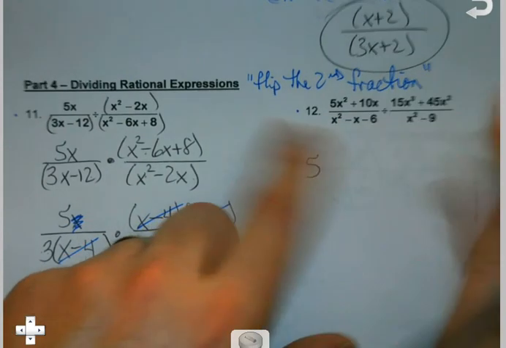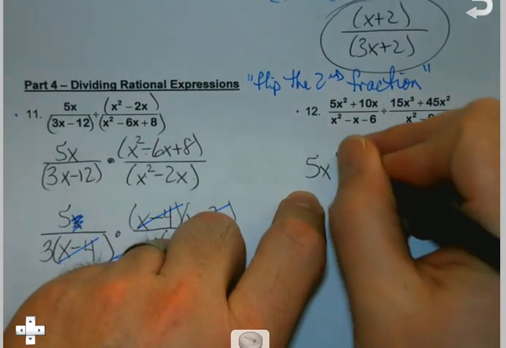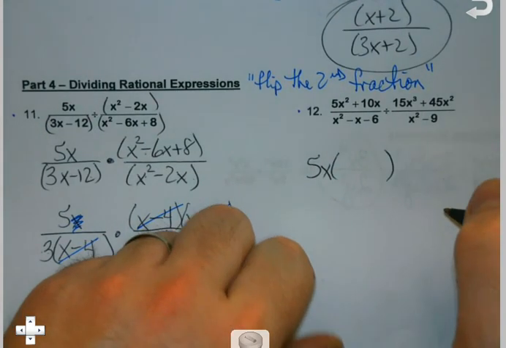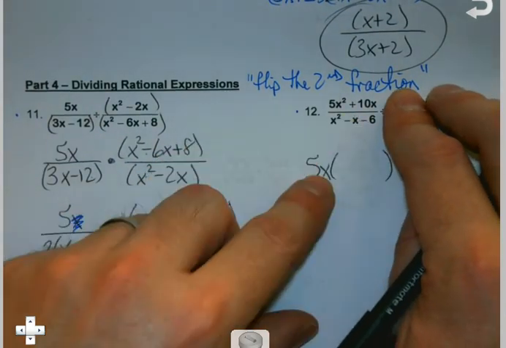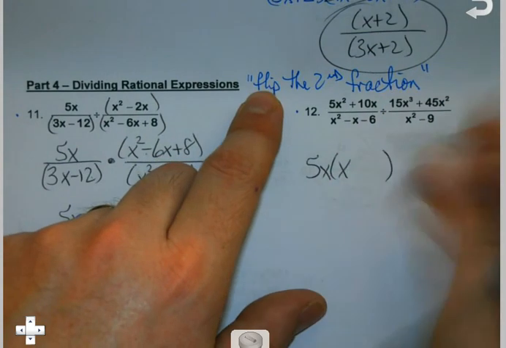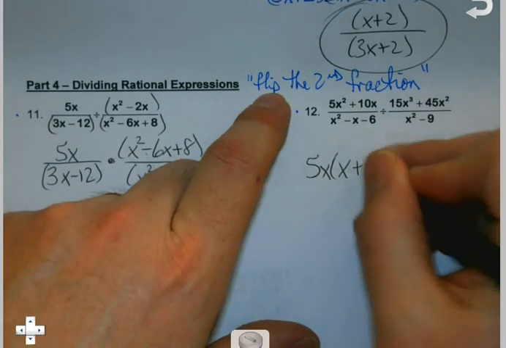I can get a 5, and I can get an x. So what's that leave me with? Well, I got the 5 already. X to x squared, I need an x. 5 to 10, I need a 2.